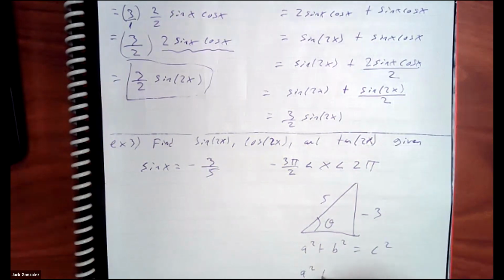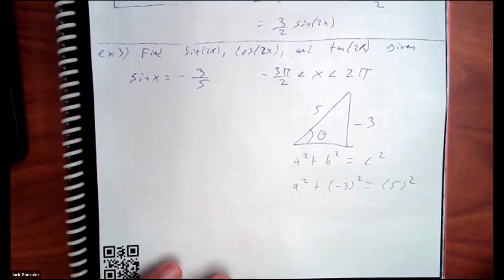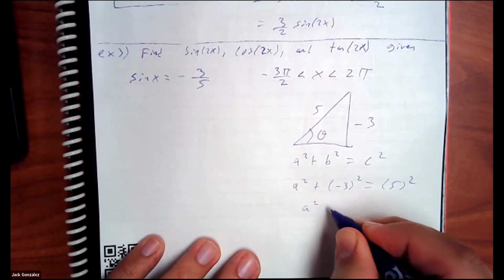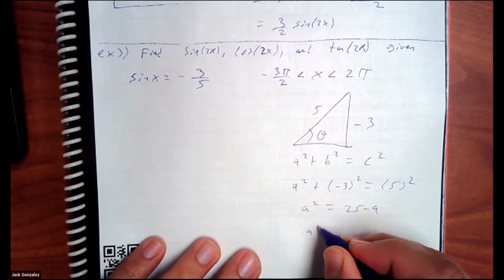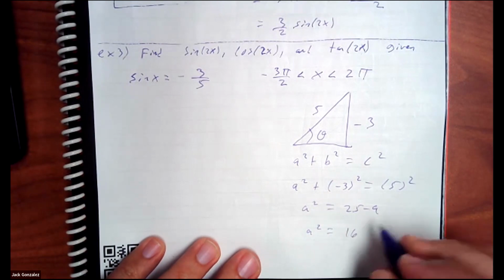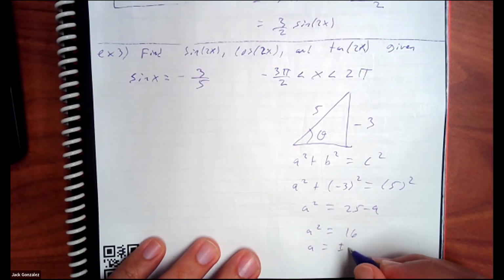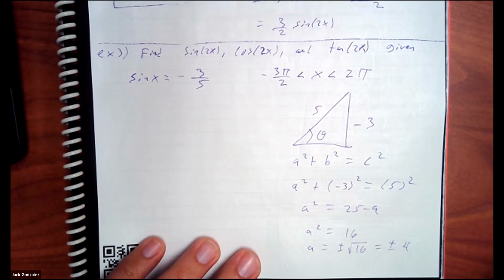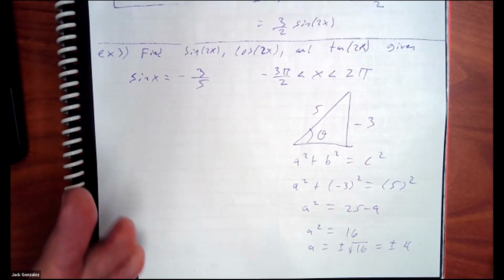So a squared plus negative 3 squared equals 5 squared. So a squared is equal to 25 minus 9. A squared is equal to 16. Square root both sides and you get plus or minus 4. So you need to know, do I choose negative or do I choose positive?